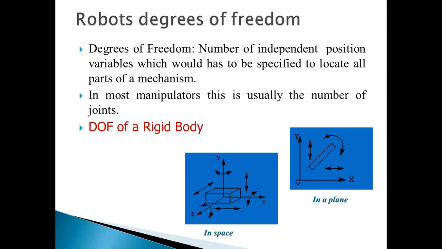This is very important to understand the flexibility of a robot or any kind of mechanism. When we talk about the movability or flexibility of a mechanism, we always count the total number of degrees of freedom available in the robot. In most manipulators, this is usually the number of joints.